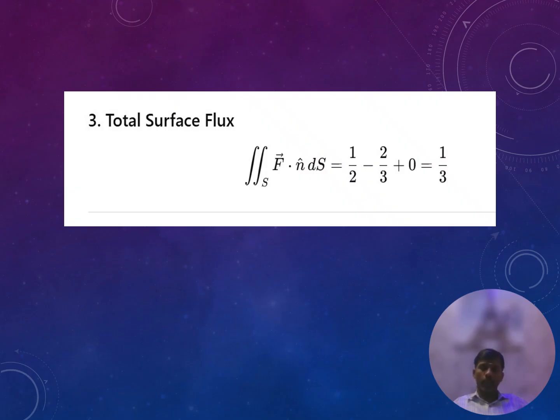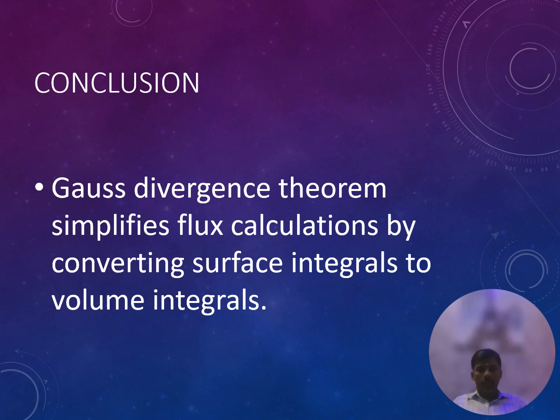Now we conclude that the Gauss divergence theorem simplifies flux calculations by converting surface integrals into volume integrals. Hence, left hand side is equal to right hand side, so the Gauss divergence theorem is fully satisfied.